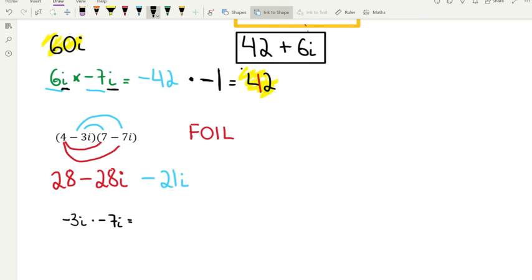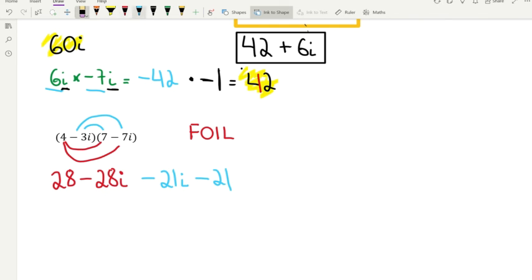Well, negative 3 times negative 7 is 21. But i times i, well, here's the tricky part, is negative 1. So, negative 21. Yeah? Negative 21. And there we have our thing.